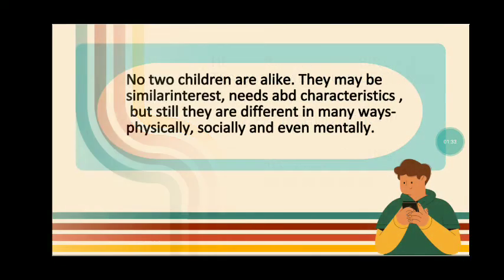No two children are alike. They may be similar in interests, needs, and characteristics, but still they are different in many ways: physically, socially, and even mentally. Yes, we have similarities with regard to interests, needs, and even characteristics.